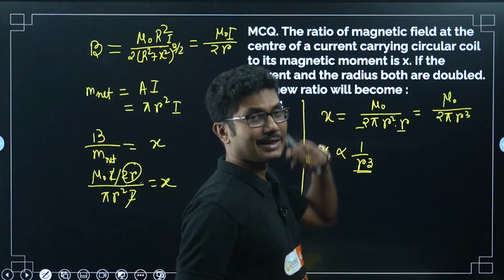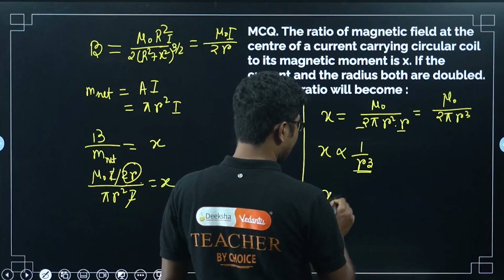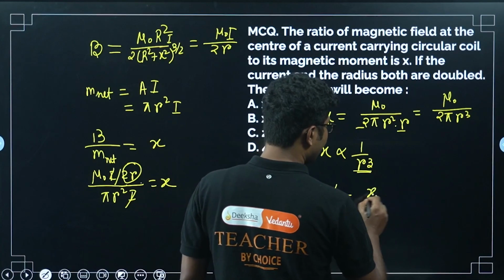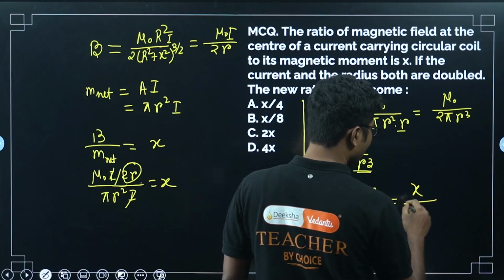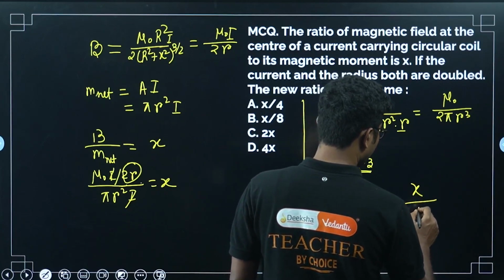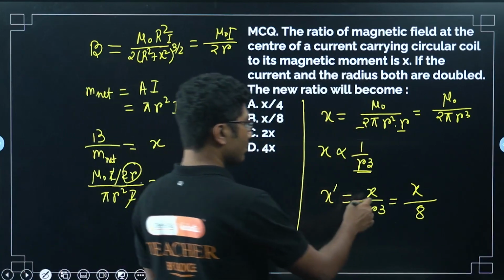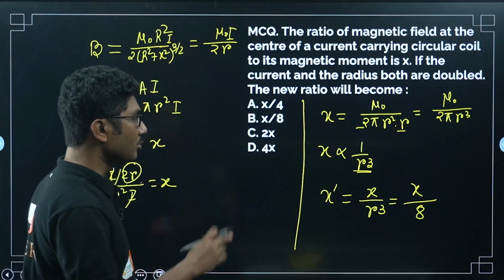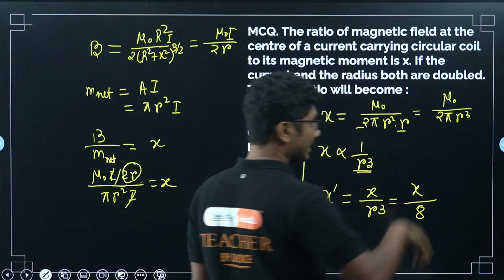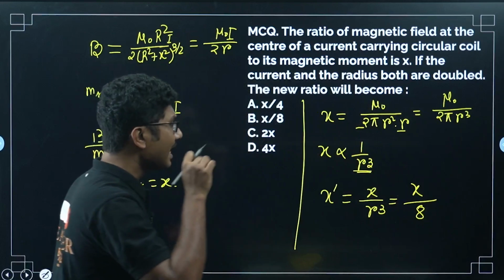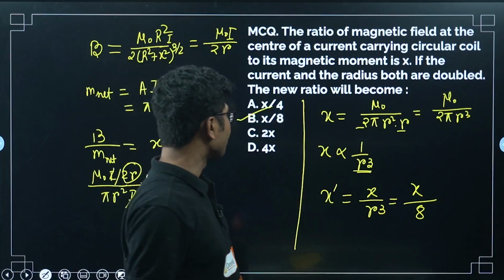So if the radius is doubled, then x dash will become x by 8. Double means instead of r you have to put 2r, so it will become 8r cube, and the rest of the r cube will cancel. You can find the ratio, it will be x by 8, right? So the correct answer is option B.